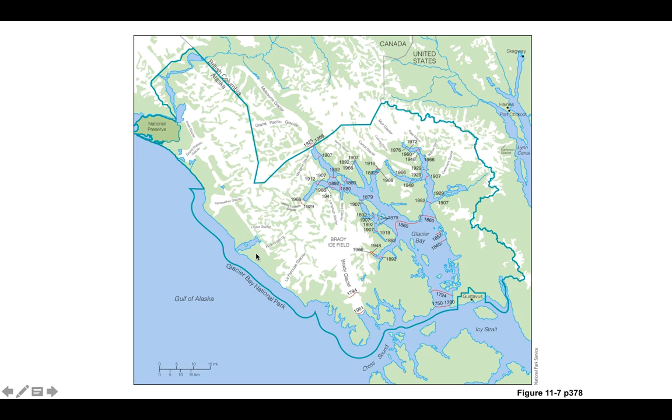This is Glacier Bay in Alaska. If anybody has been here, I've been here, you can only get in here on a boat and you see all of these glaciers, what are called tidewater glaciers. It's mostly what you're going to see right in here. If you look at this map, what we're looking at is where the glaciers were in 1860, for example.